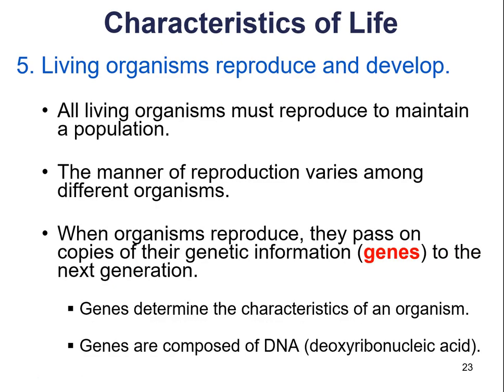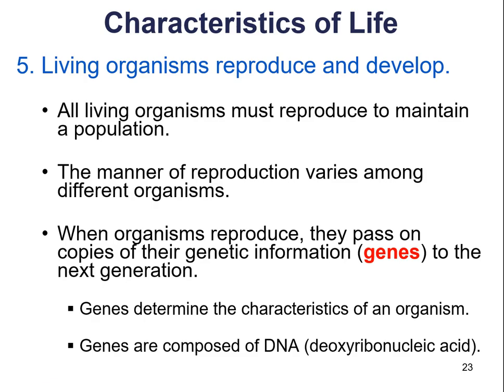All right, number 5, what's another characteristic of life? Living organisms reproduce and develop, okay? Obviously, again, probably something you could come up with on your own. Obviously, living organisms have to have the ability to reproduce in order to maintain the species, to maintain a population. If that doesn't happen, eventually those organisms go away, right?